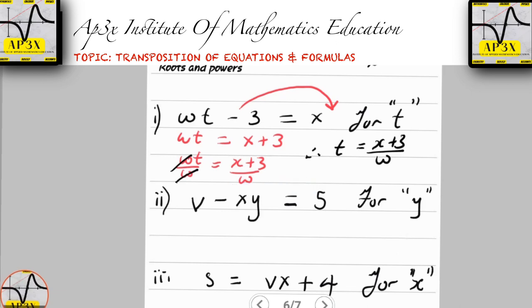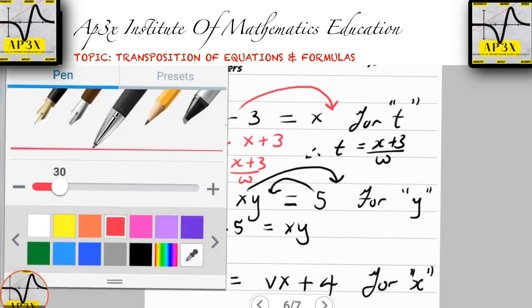So I'm not going to be tempted to move that V to the right side. I'm just going to swap the position of the negative XY with the 5. So I'm going to just say V, bring over this positive 5, which becomes negative 5, and then bring over my negative XY, which becomes XY. And then bear in mind that I'm looking for Y.